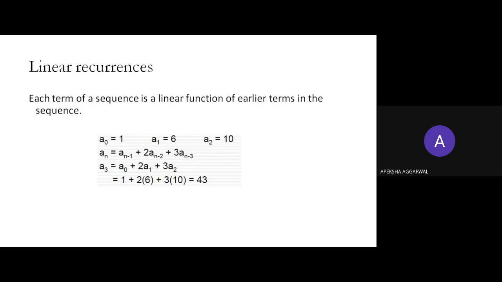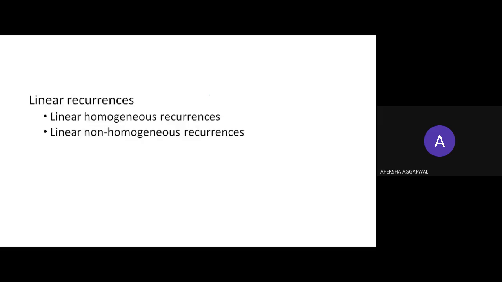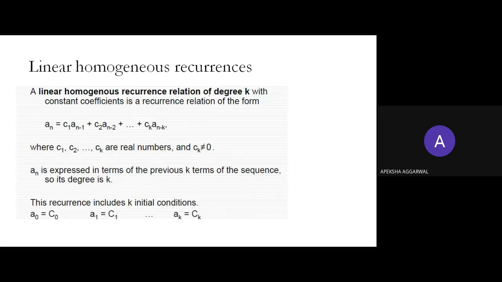Next is linear recurrences. This is the example given over here, where they are calculating a3. There are two types of recurrences, homogeneous and non-homogeneous. Pay attention to these because they are a bit difficult to understand. Linear homogeneous recurrences look like this. This is the equation.